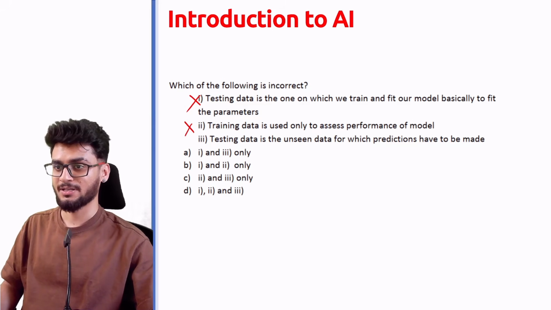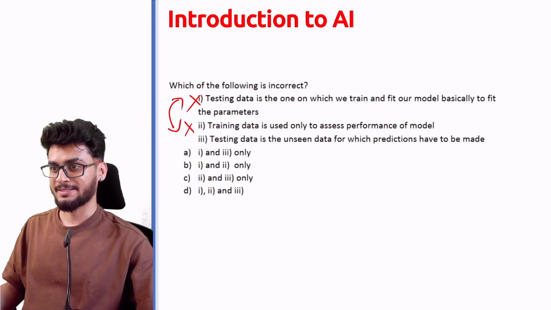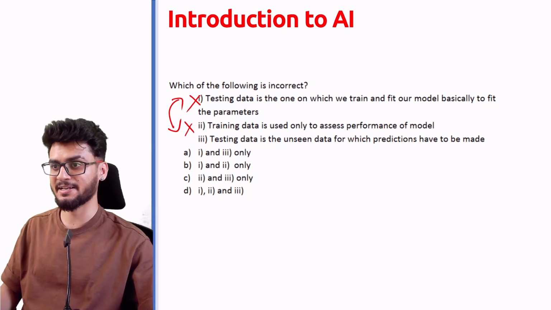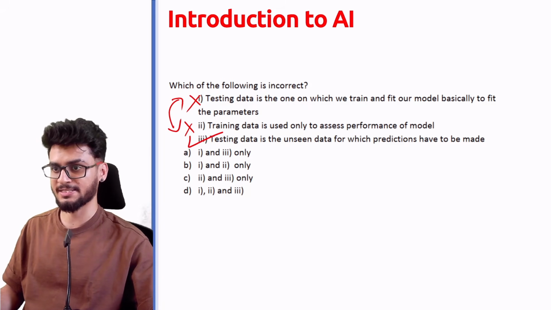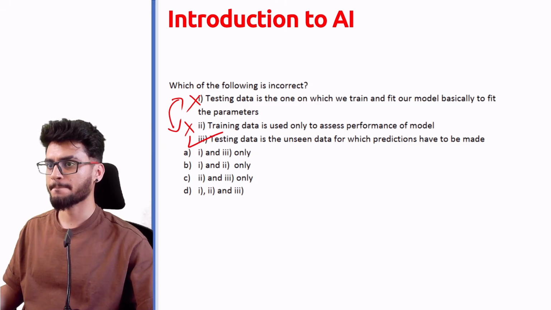Again, this is wrong. The testing data and training data parameters have been interchanged. Here it should have been training data and here testing data. Testing data is the unseen data for which predictions have to be made. So this is right. Okay, so the third one is right.